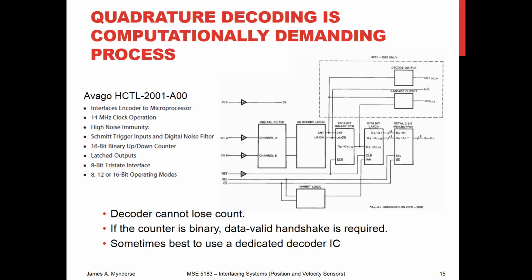When we do this sort of process using the compact RIOs or the MREs, we have an FPGA layer that's a parallel processing scheme, and so in that case, the parallel processing is able to handle this while doing some of the other tasks, and we don't have to worry about it. But in a sequential processing, like the microcontrollers that we've been using in lab, I wouldn't recommend it.